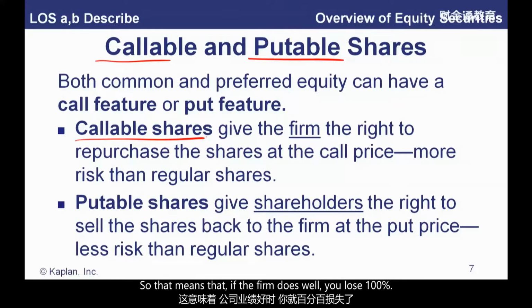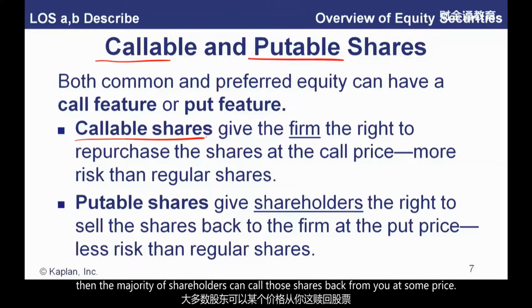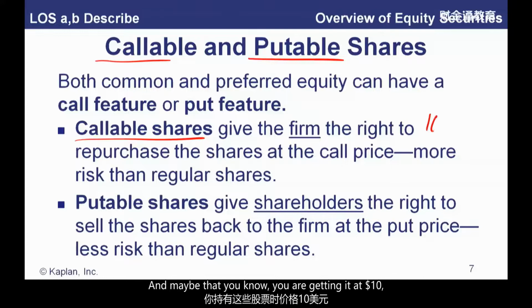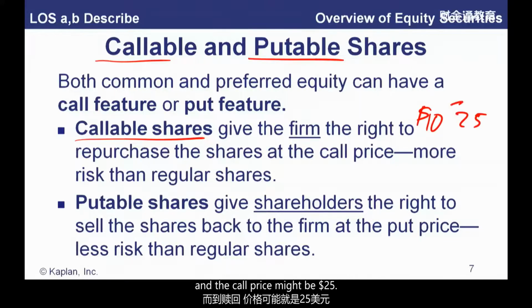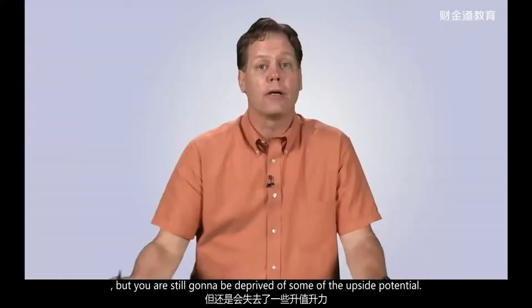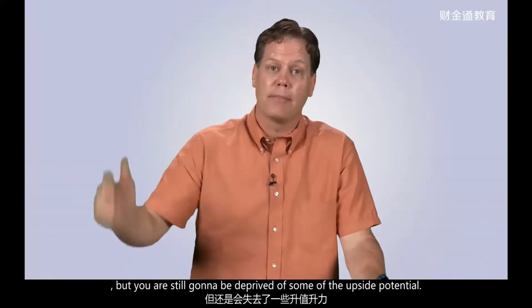So if the firm does poorly, you lose 100%. But if the firm does well, then the majority shareholders can call those shares back from you at some price. And it may be that you're getting in at $10 and the call price might be $25.